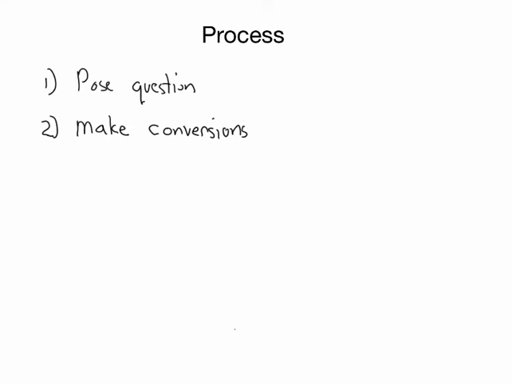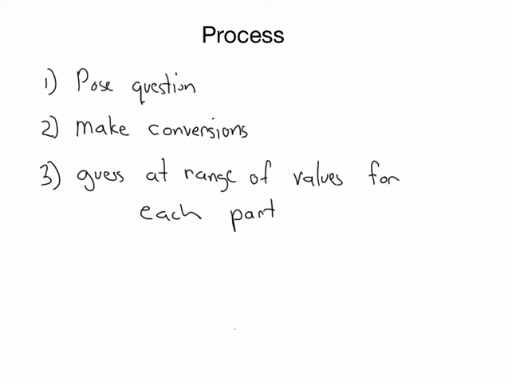So here's the process that we're going to use when we do order of magnitude approximations. First, we're going to pose the question that we want to know the answer to. Then we need more information to answer the question typically, so we're going to start making conversions using the unit analysis we were just talking about and guess at the value of those conversions if we don't know them. And then we're going to guess at the range of values you might have for each part of the model.